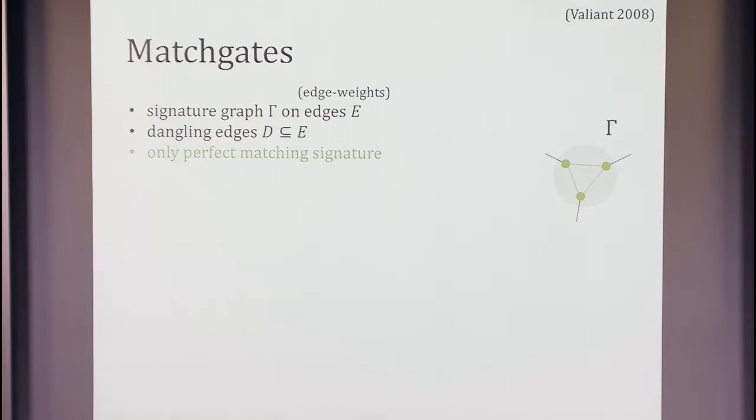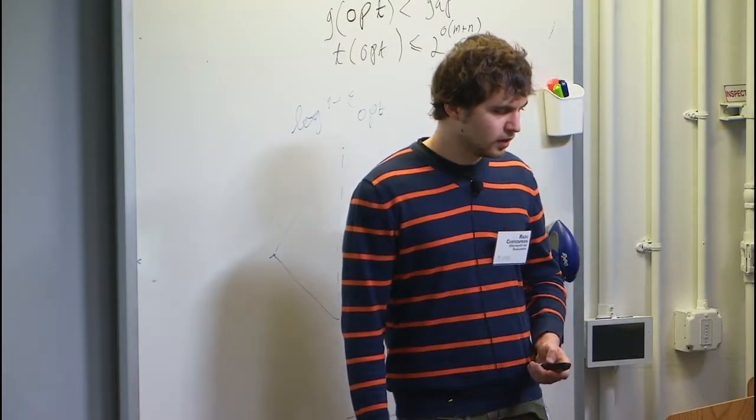And to do this second step in the reduction, you can use this notion of so-called Matchgates, which have been studied before already. So a Matchgate is just a signature graph gamma on some edge set E, and some of these edges are dangling, so they have only one endpoint instead of 2. And these Matchgates have the property that every vertex has only the perfect matching signature to it. So all signatures appearing in a Matchgate are the perfect matching signature.